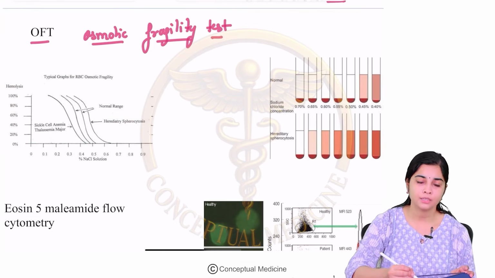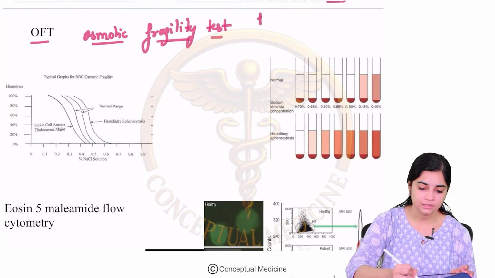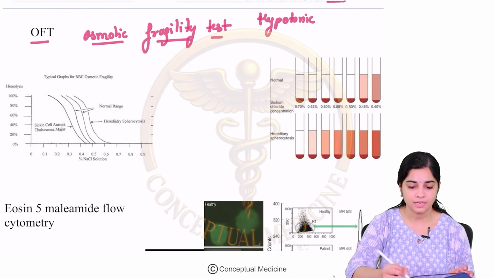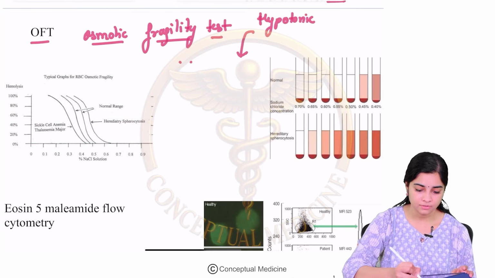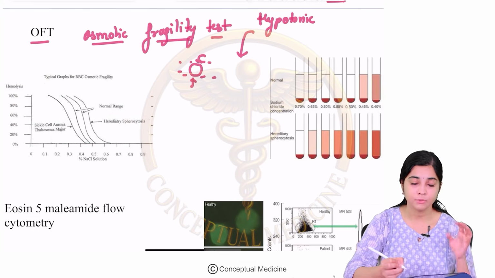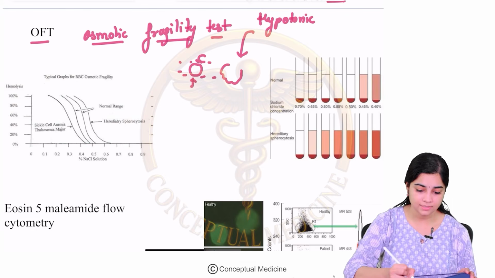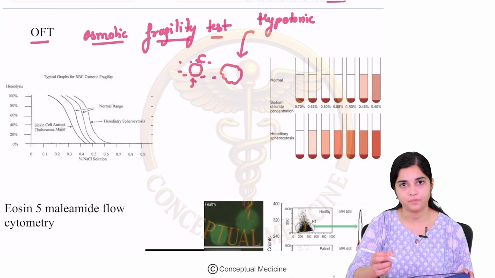So if you are placing the RBC in a hypotonic solution, what is the expected outcome? If this is where the RBC is, then in a hypotonic solution, the fluid is going to move inside the RBC and the RBC is going to swell up, right?